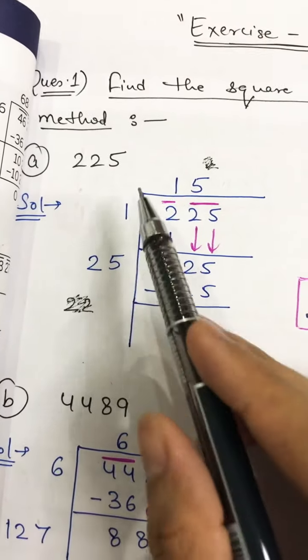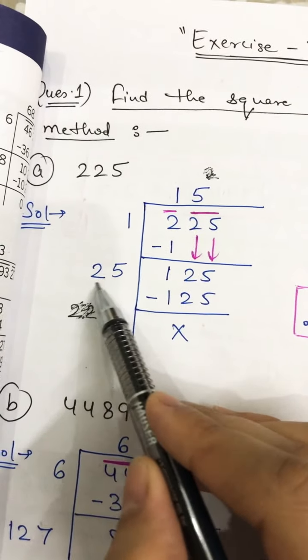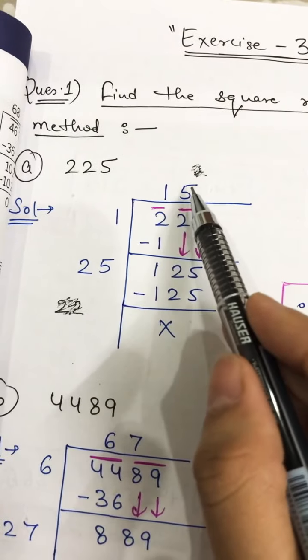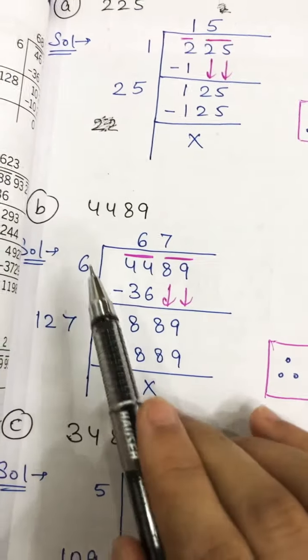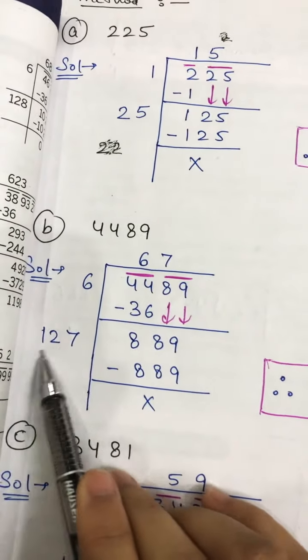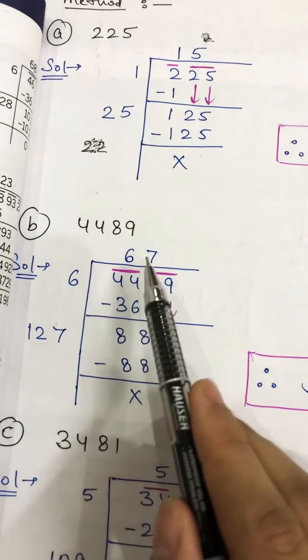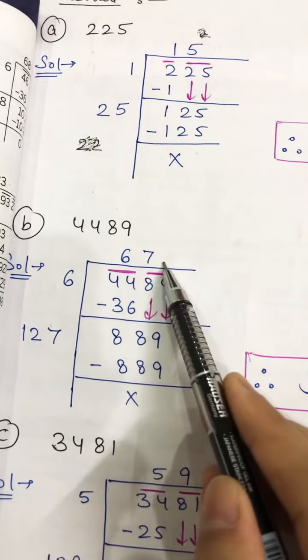Okay, I told you that whatever number you are writing here, suppose I have written here, this is addition. First number is addition, 1 plus 1, 2. Now I'll write here 5, then I have to place 5 here. 6 plus 6, 12. Okay, next whichever number I write here, I have to write here also, 7 and 7.